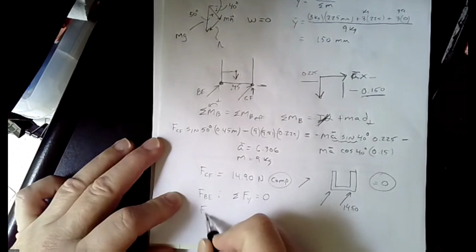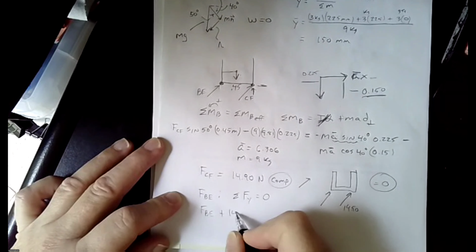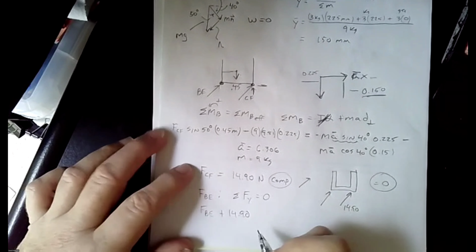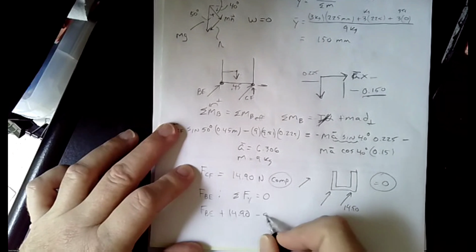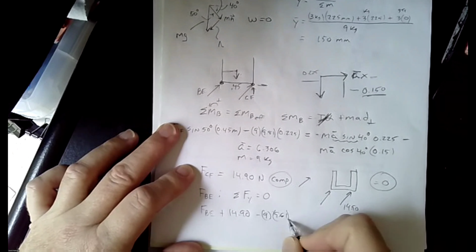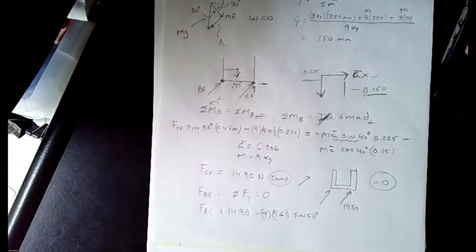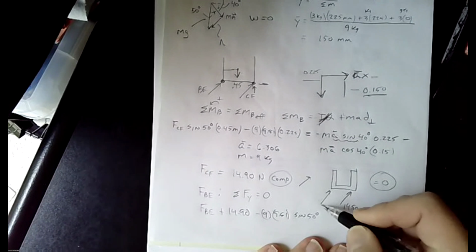So FBE plus 14.90 minus 9 times 9.81. And again, here I'm doing sine 50 degrees because I'm looking at, again, this direction.